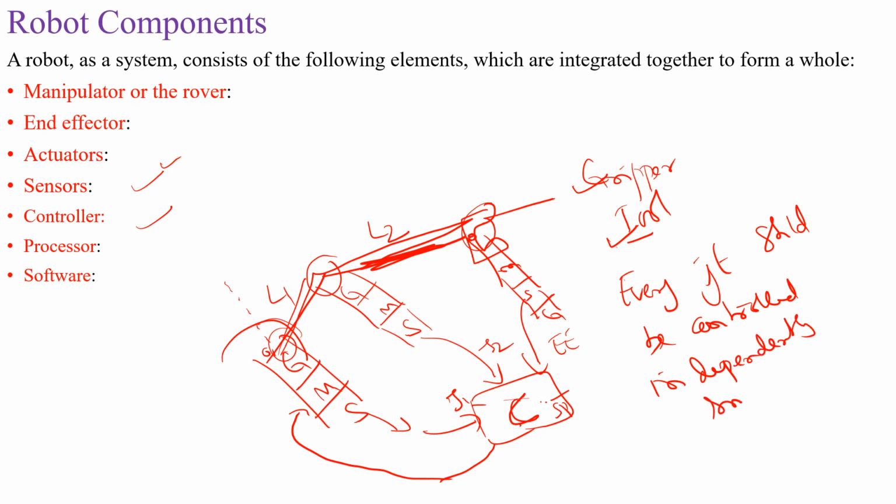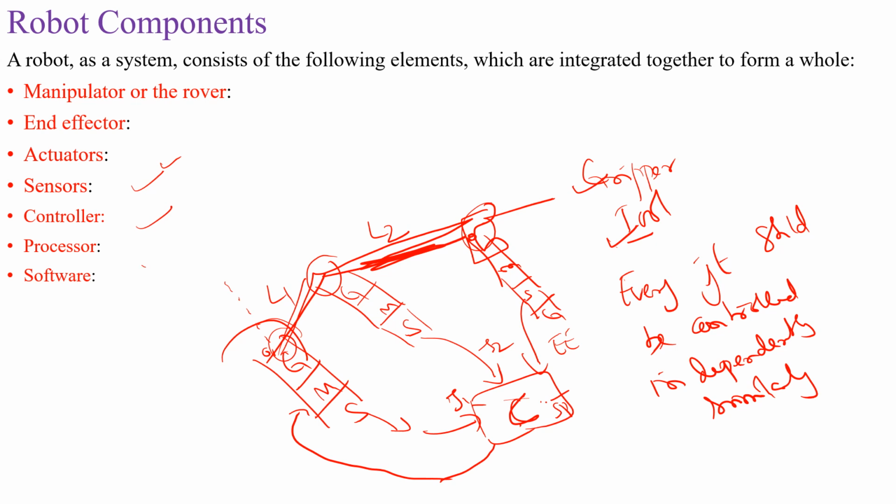For each joint we have a sensor, actuator and gear arrangement, but the controller will take a decision and pass the information to each actuator to do the actuation.